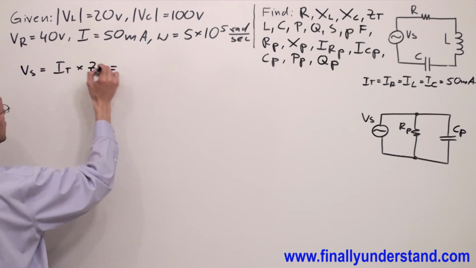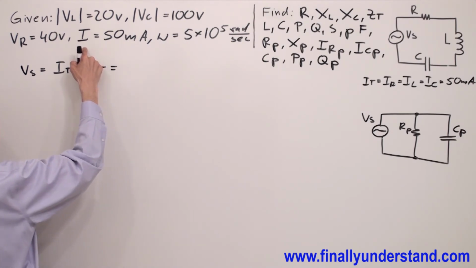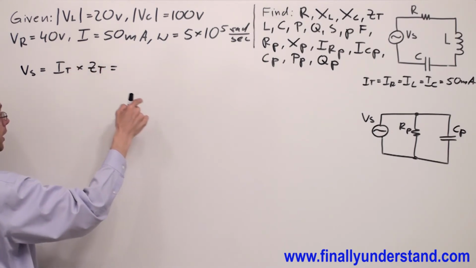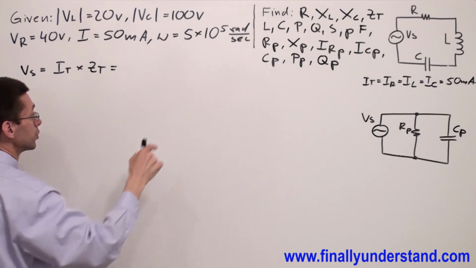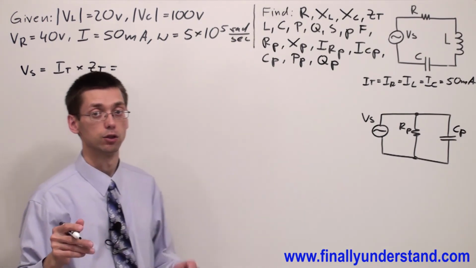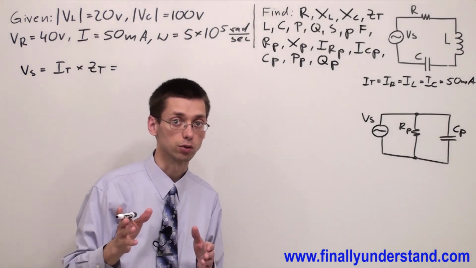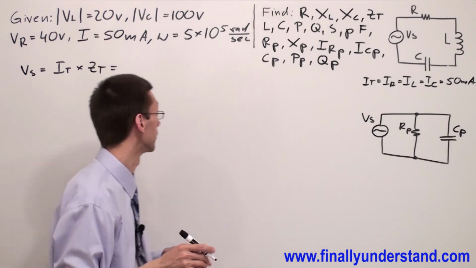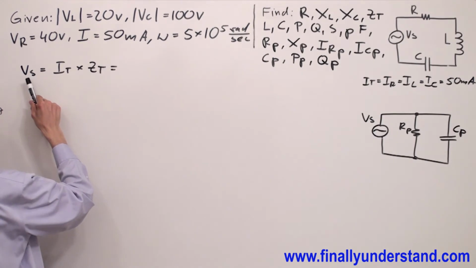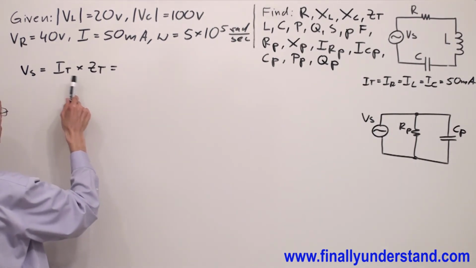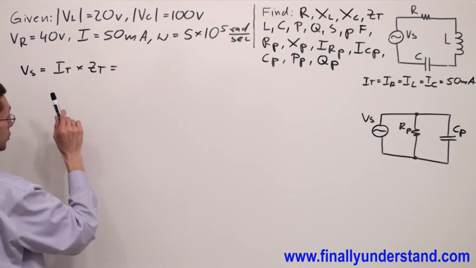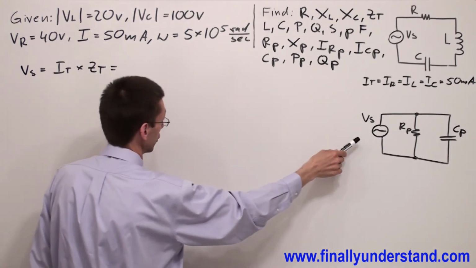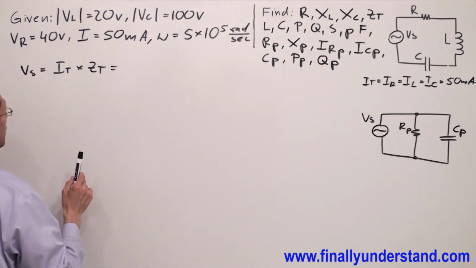Okay, I'm going to use the current which was given at the beginning and the Z total for my series circuit. Please keep in mind that the total impedance of the series circuit and total impedance of the parallel circuit must be the same. So if I find the voltage source for the series circuit, the same voltage source is going to be also for the parallel circuit.